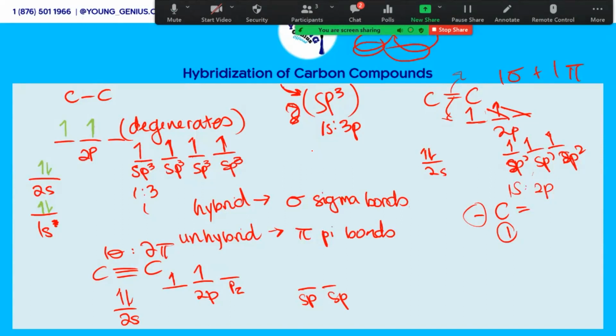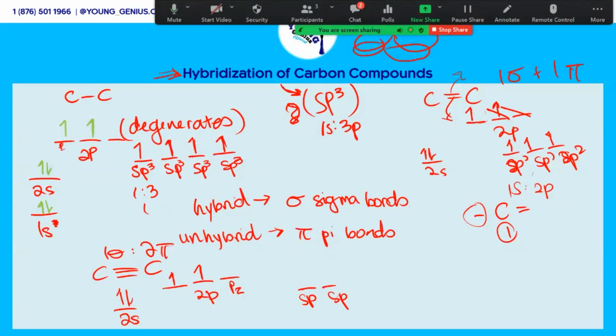Sure, no problem. So I was saying that, remember, hybrids are formed by the mixing of orbitals, right? So in order to form an sp3 orbital, what will happen is the 2s orbital here will mix with 3 of the p orbitals: the px, the py, and the pz, right?